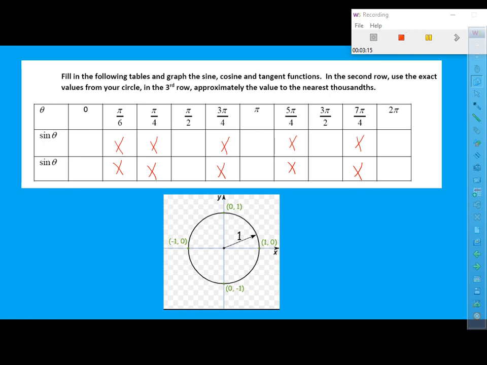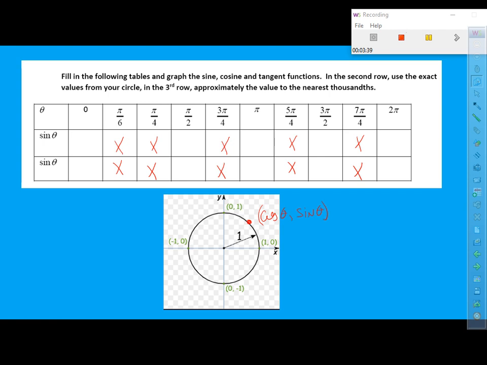We can get the graph of the sine function 100% based off of the unit circle, which I have a picture of right below. Now, remember, any point on the unit circle has coordinates of cosine theta, sine theta. We did a pairs check one day with about 20 of these on there, and you guys are really good at it. So here goes.